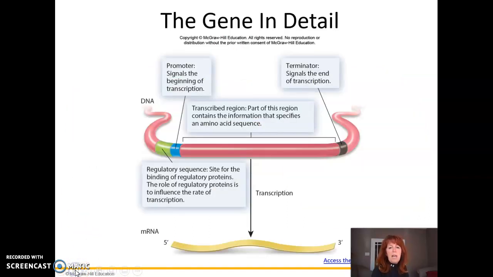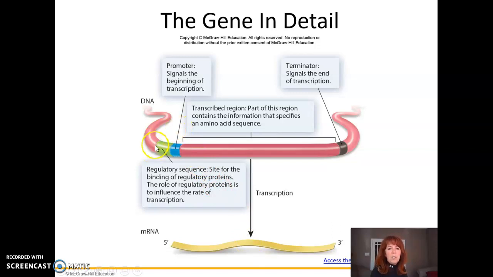If we want to take a look at the gene in more detail, right? The gene is always a piece of DNA. So this is all DNA. There are parts of it that help me to make a protein, that help me to make mRNA. But there are other regulatory regions as well.